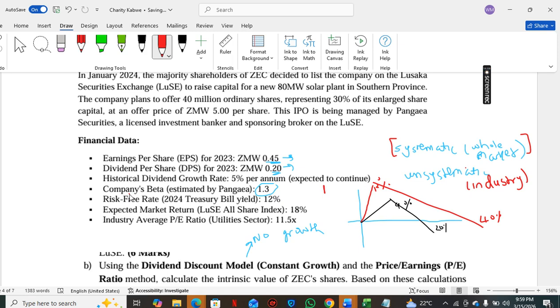That's why company bonds have to offer higher returns than government bonds, because with company bonds there's that risk the company doesn't make a profit, makes a loss, closes down, and you don't get paid. So the risk-free rate is 12%.